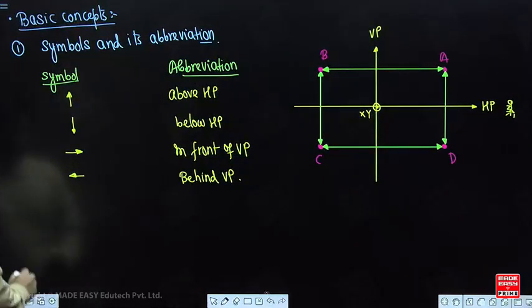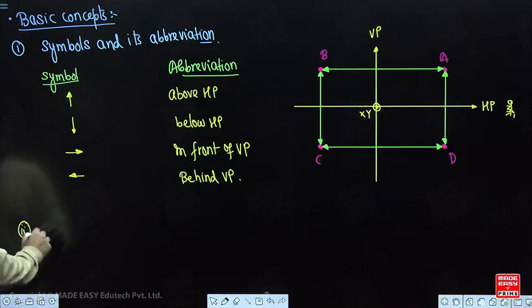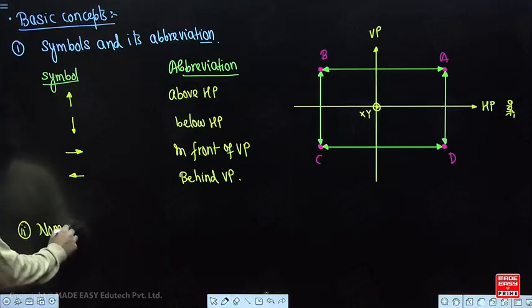Basic concept number 1, and basic concept number 2: nomenclature of point.